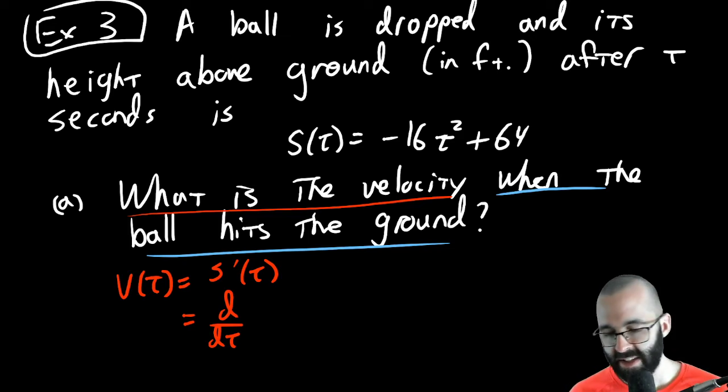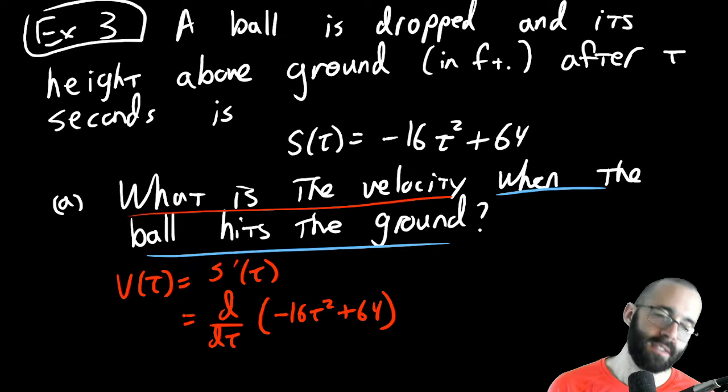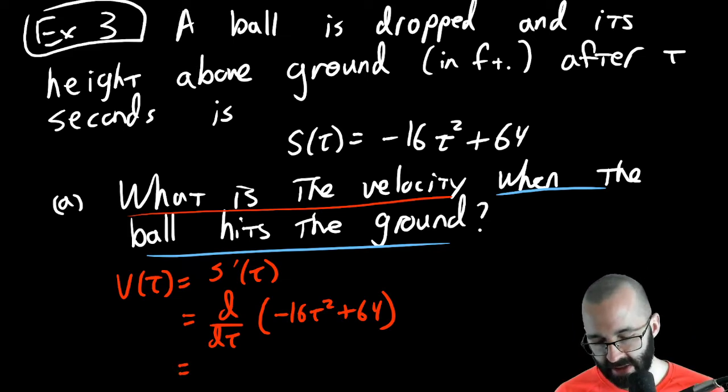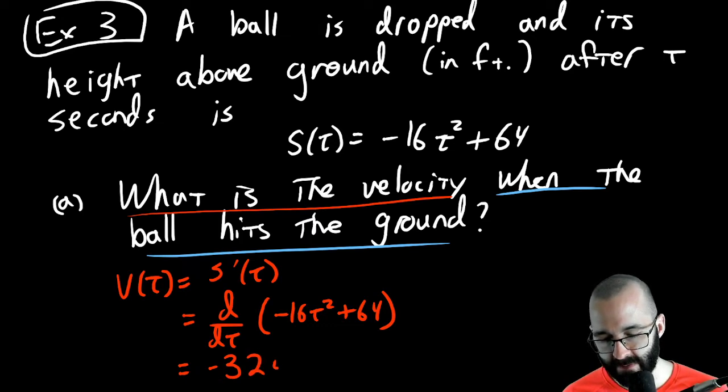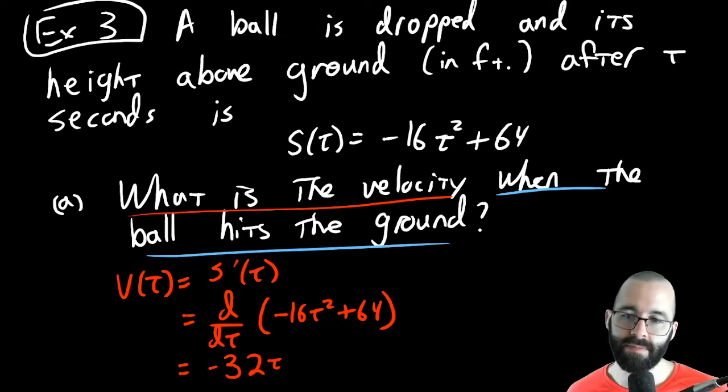All right. So this is going to be the derivative with respect to t of the function negative 16t squared plus 64. We can use the constant multiple rule, the sum rule, the power rule, all the rules to get that this derivative is negative 32 times t plus 0.